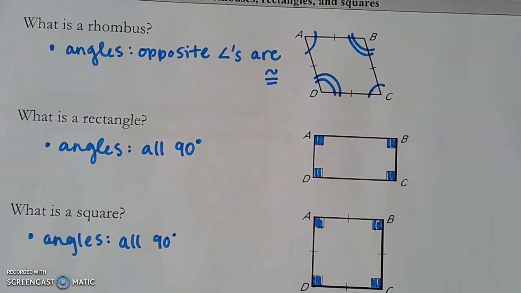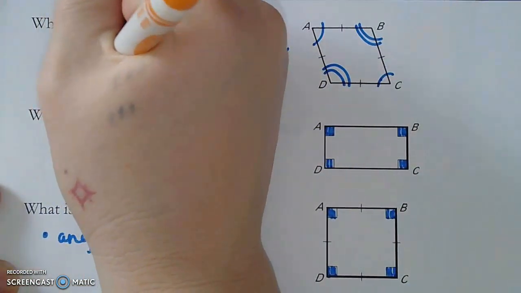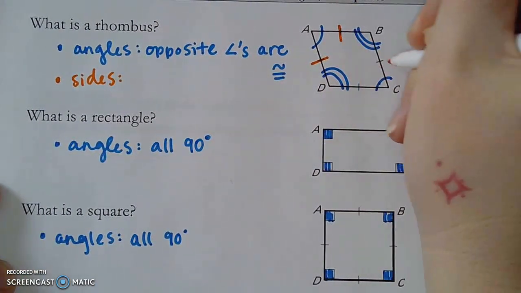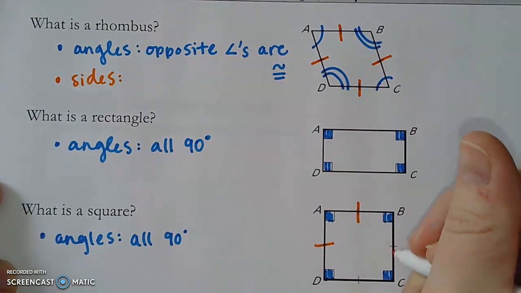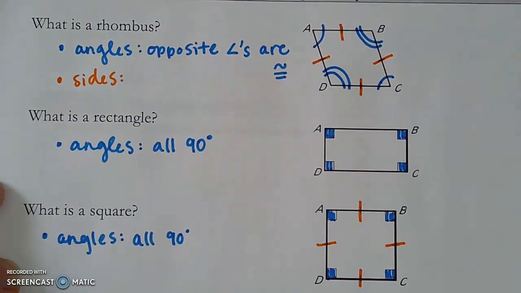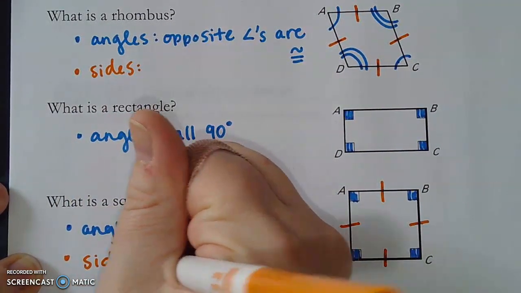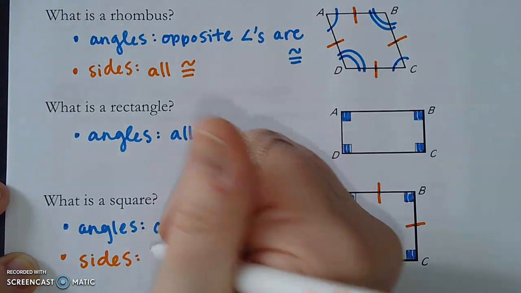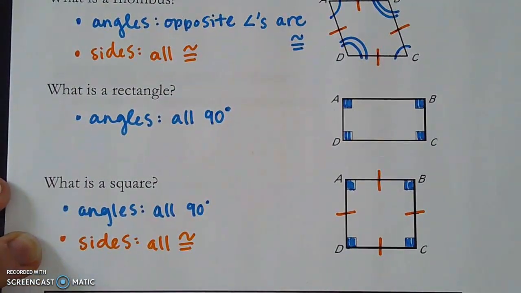All right, so now looking at the sides. For a rhombus, all of the sides are congruent, okay? Just like with the square, all of the sides are congruent. So let's put for both the rhombus and the square that they are all congruent. And I'm just going to use the congruent symbol.